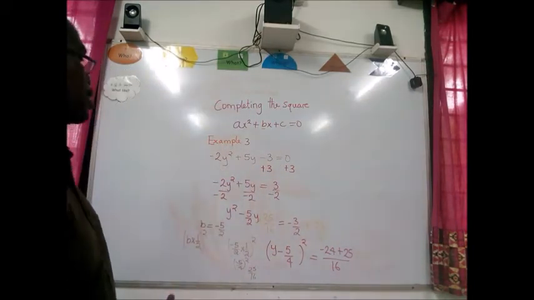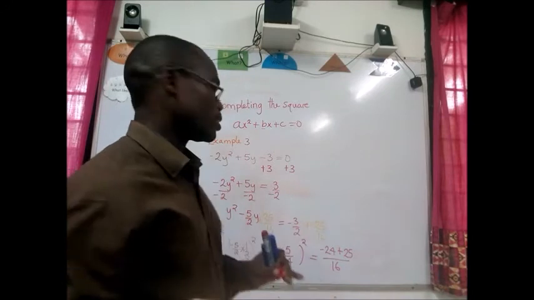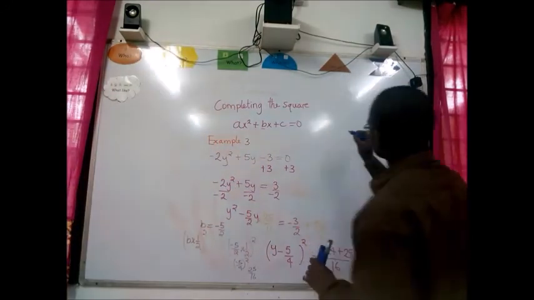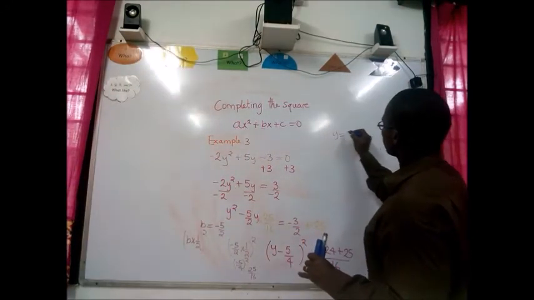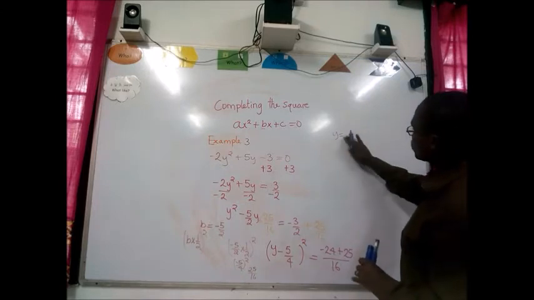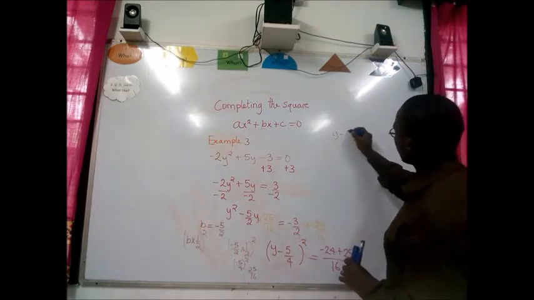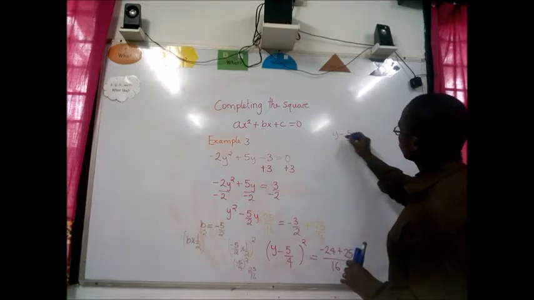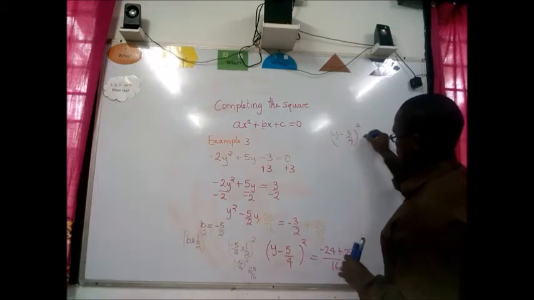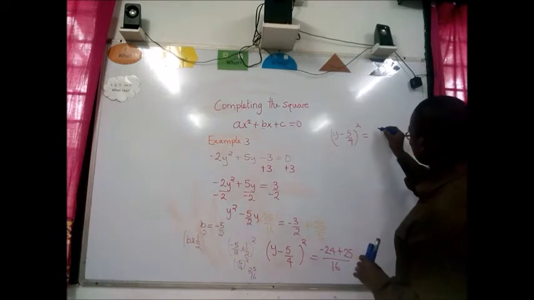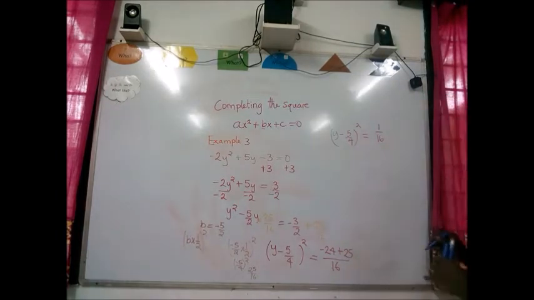Okay? Then y minus 5 over 4, the square, is equal to 1 over 16. This is what you're going to get.